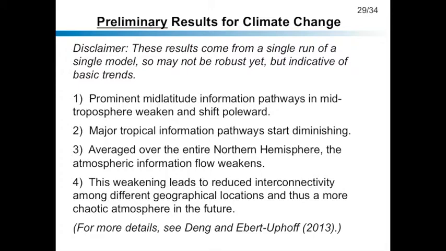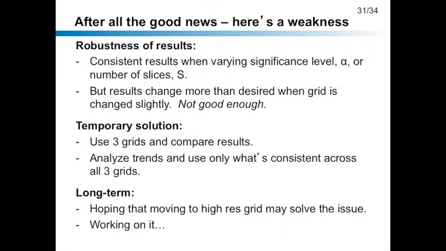And averaged over the entire northern hemisphere, the atmospheric information flow weakens. That weakening leads to reduced interconnectivity among different geographic locations, and thus a more chaotic atmosphere in the future. Again, especially around the tropics, less so around the poles. But again, the details are yet to be determined.